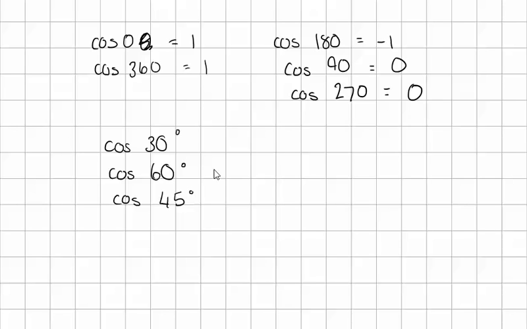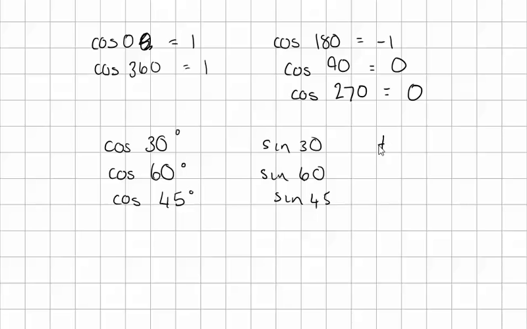Right, so what I'm going to go through is how we figure out values for cos of 30, 60 and 45. And in the same way you are not just going to do cos, you are going to know sine of 30, sine of 60, sine of 45.